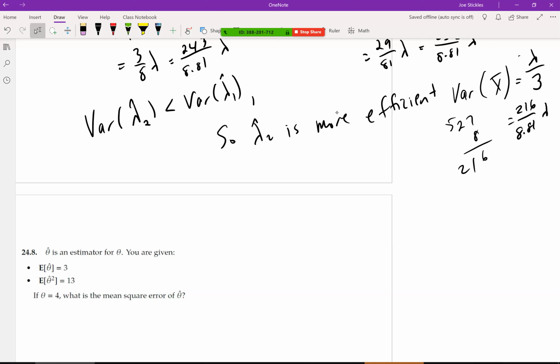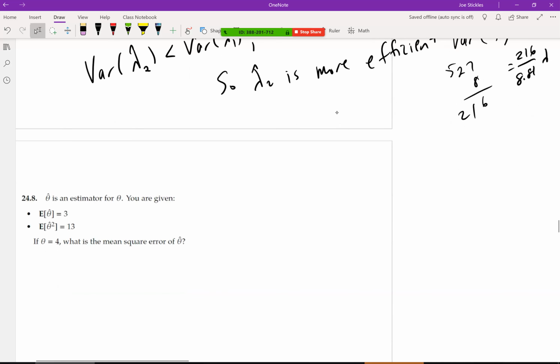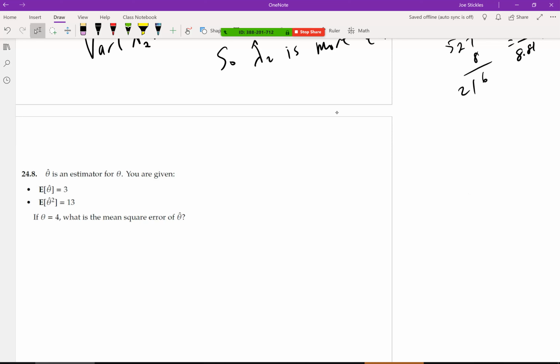Okay, so let's talk about a new definition here so that we can compute this particular one. So, we're talking about what's referred to as the mean square error.